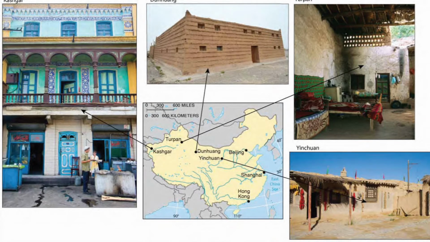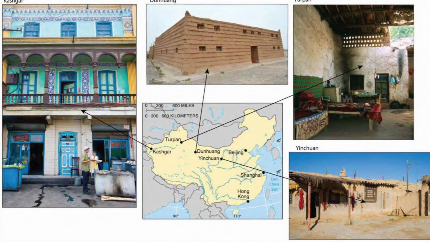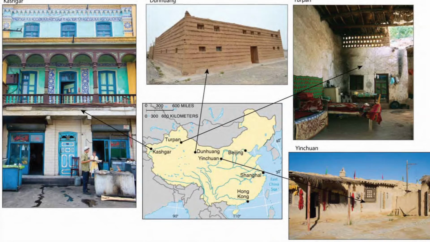These types of houses. And there's a key word here in regards to the curriculum: diurnal climates. Diurnal climates are climates that vary dramatically, so it can get really cold and it can get really hot. And in a lot of the really dry areas, because there's not a lot of moisture in the air, the temperature can change dramatically. And you see a lot of adobe houses and brick houses in both of these climates because it supports both.